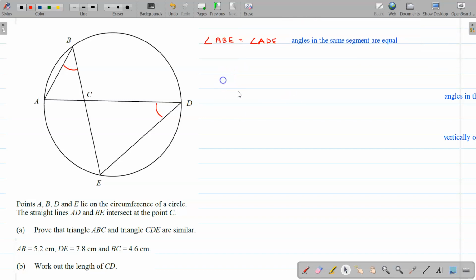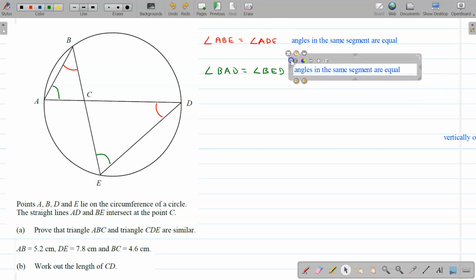And I can do a similar thing for these angles here. These both come from the points D and B, so I've got DAB or BAD and BED. So I can say that angle BAD equals angle BED, and the reason that they're equal is the same as the last reason, that they are angles in the same segment. Angles in the same segment are equal.